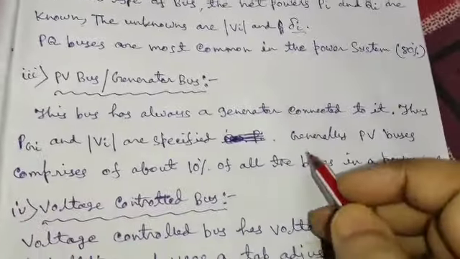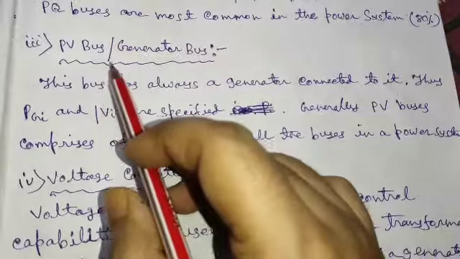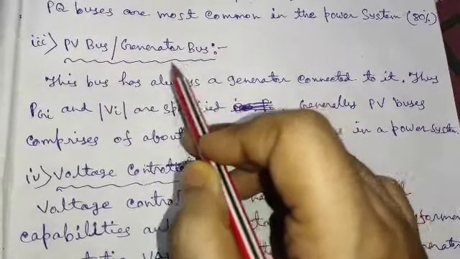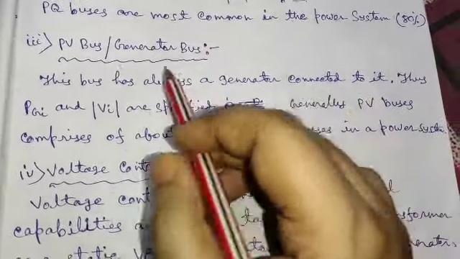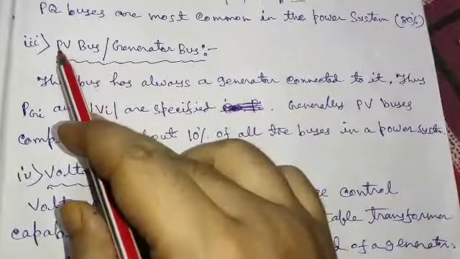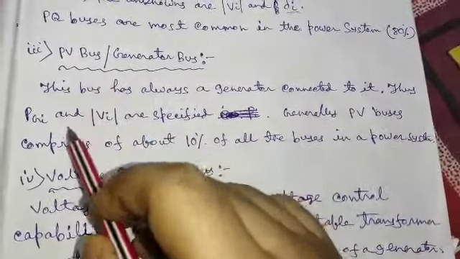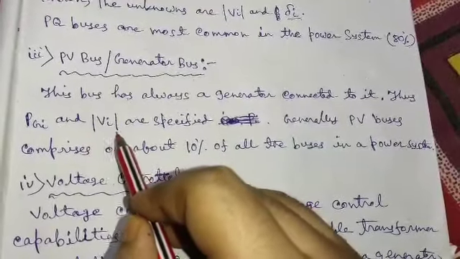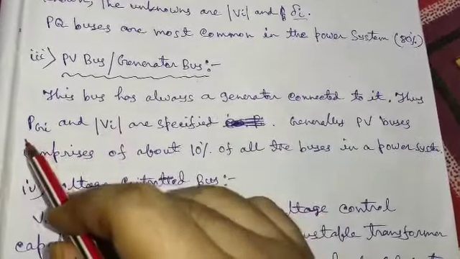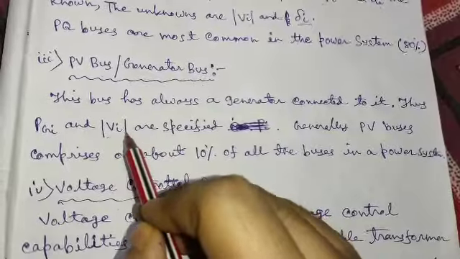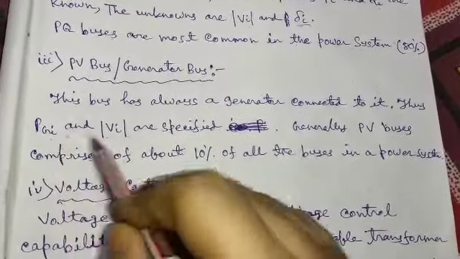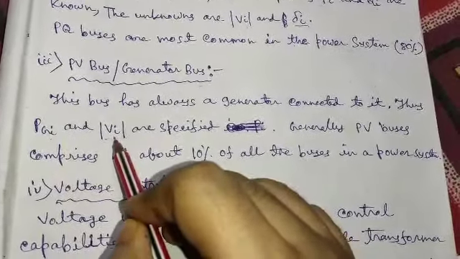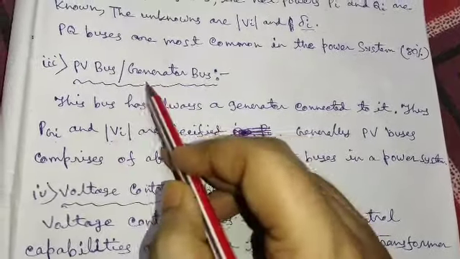Number 3 is the PV bus or generator bus. From the term PV we can tell that the active power PGi and voltage magnitude mod Vi are specified. Hence the name generator bus.